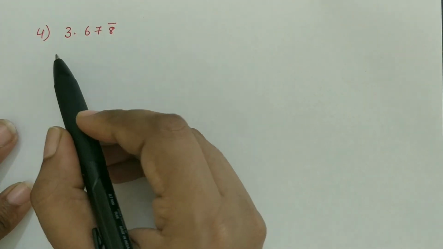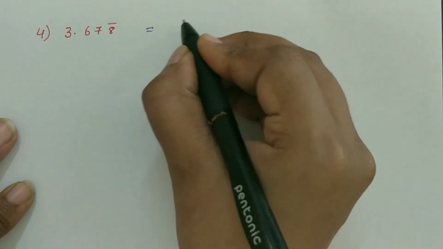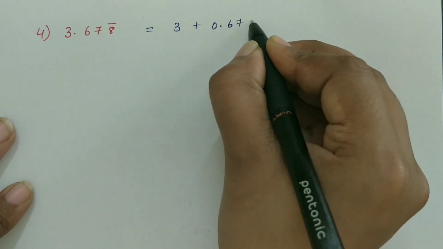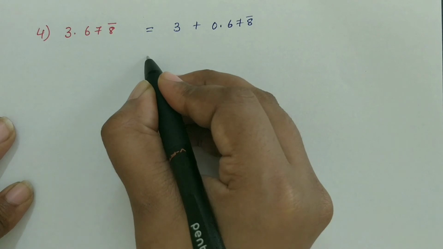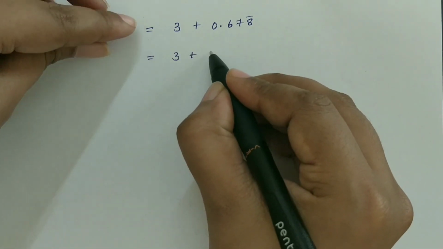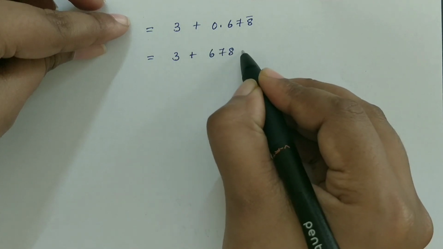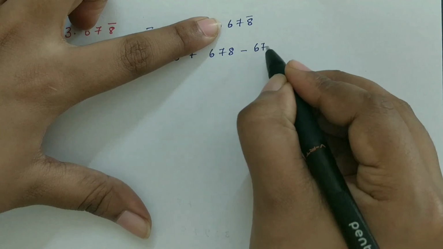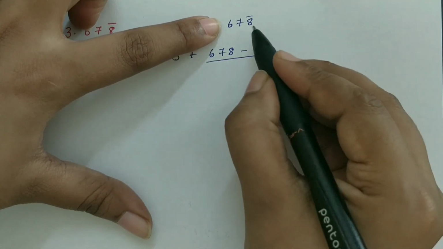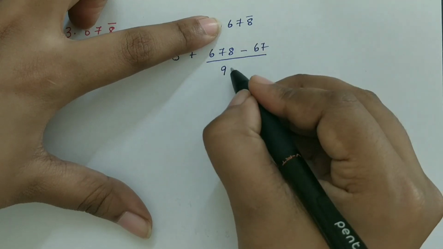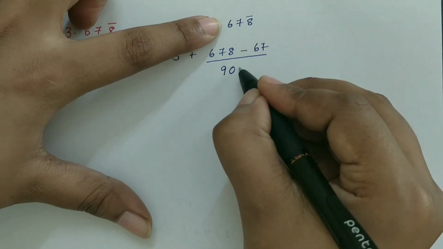Fourth problem, write it as 3 plus 0.678 bar, equal to 3 plus, write the decimal part 678 minus 6. Here 6 and 7 are not repeating, so 8 is repeating, 9, 7 is not repeating, 0, 6 is not repeating, 0.